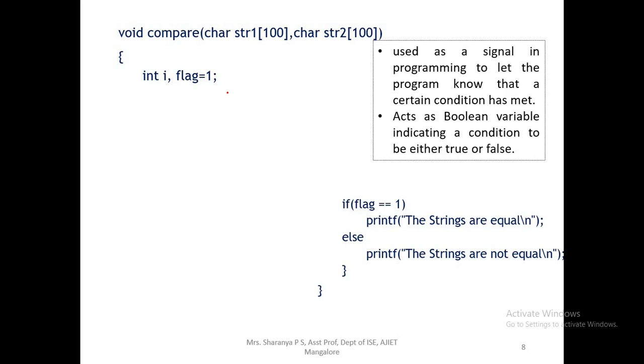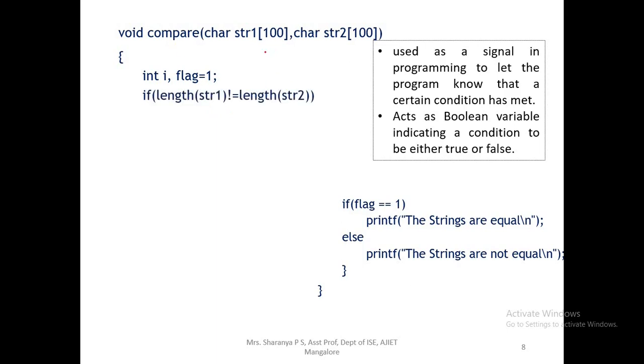It is giving a signal to the program, to the compiler, that some condition has been reached. Normally these flags are Boolean variables which indicate whether the condition is true or false. Let us make use of this flag in this particular function. Initially we have set the flag to the value 1.